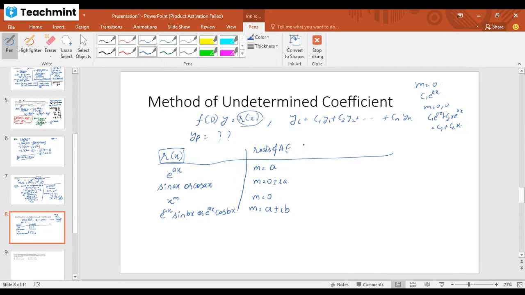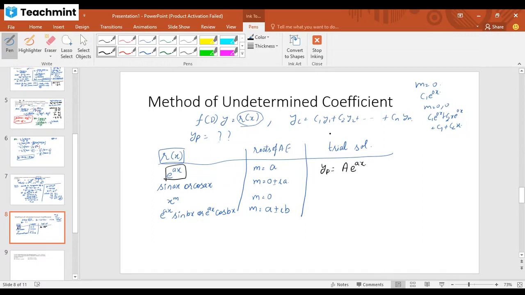Now the question is, what will be your trial solution in such cases? If your non-homogeneous part is exponential, then your trial solution yp is equal to some constant multiple of e power ax. Here this constant is the undetermined coefficient, whose value we need to find out. Why have we chosen A e power ax only?